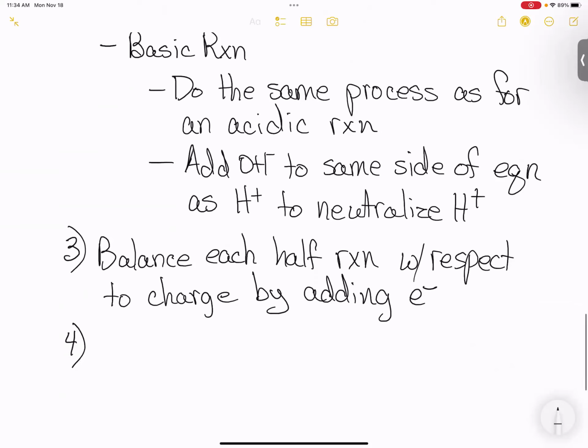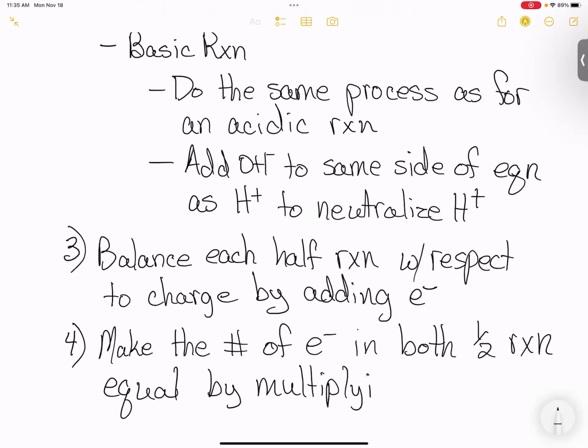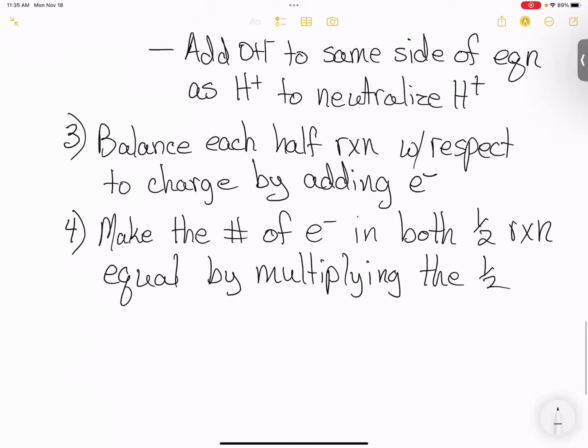The next step is that we are going to make the number of electrons in both half reactions equal by multiplying the half reaction by the appropriate coefficient.